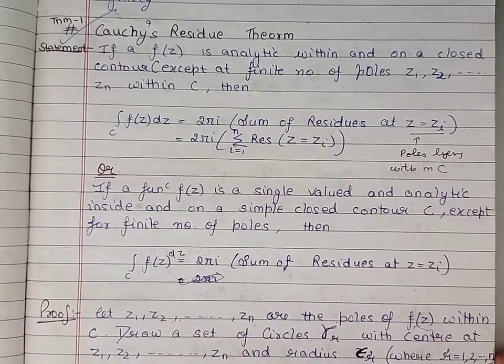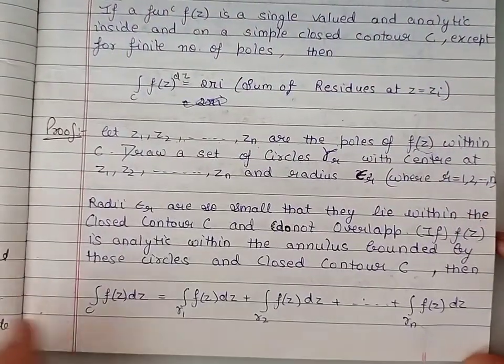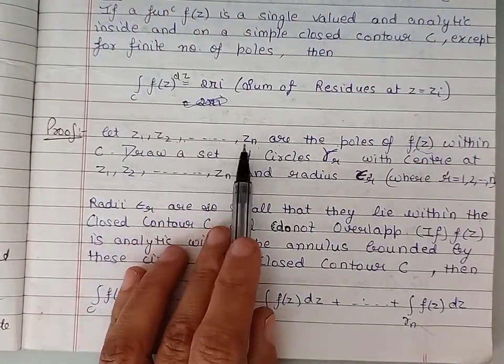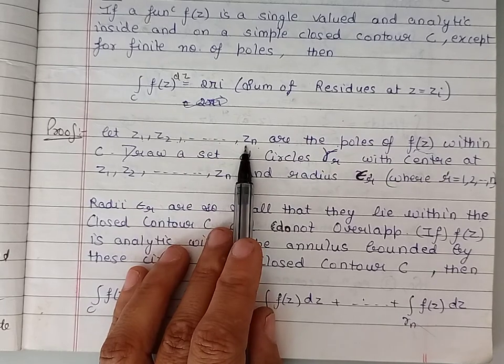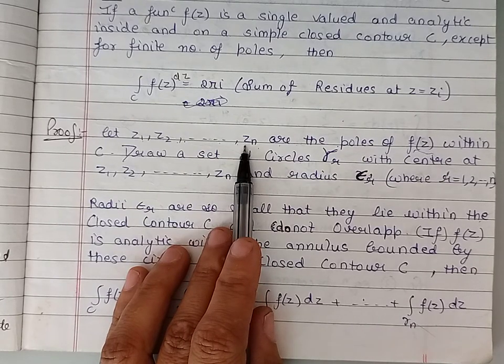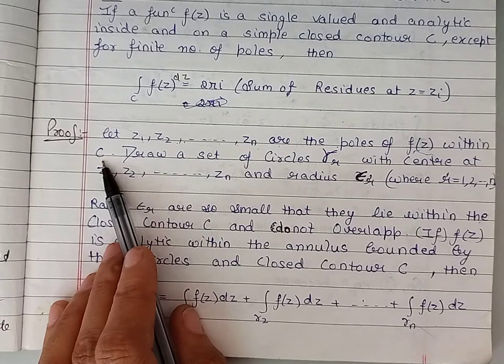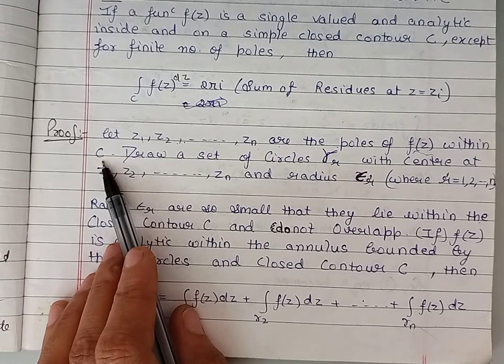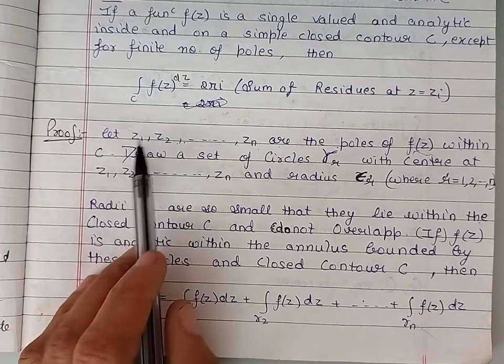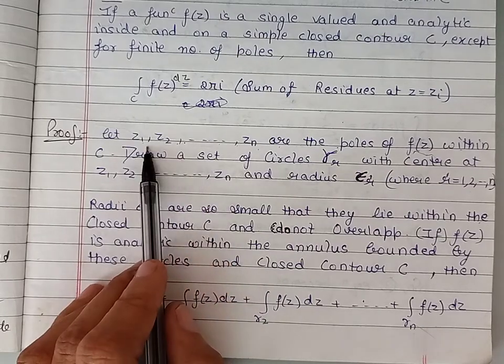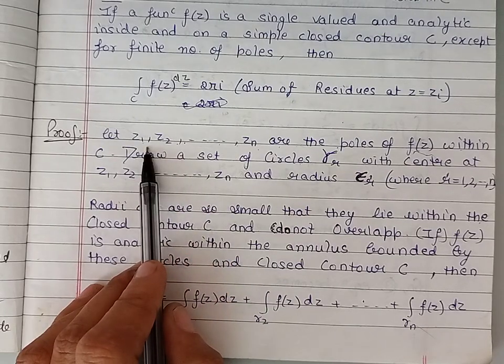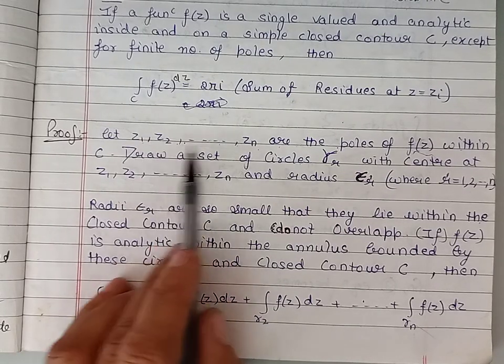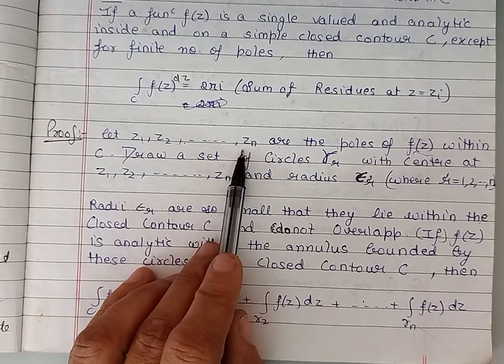Now to prove this theorem, let us take points z1, z2, z3 up to zn as the poles of the function f within C. Now let us draw circles by taking these n points as centers and epsilon 1, epsilon 2 up to epsilon n as radii of these circles respectively.